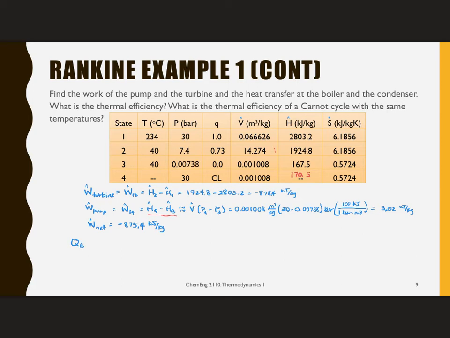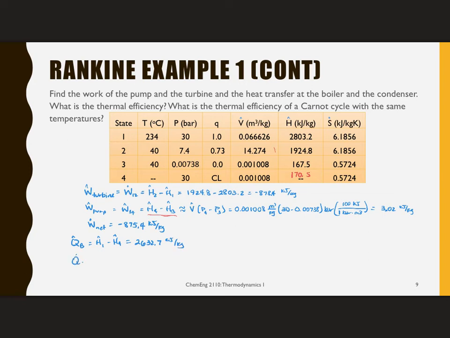Now, what about that heat transfer? The Q for my boiler is H1 minus H4. I've got all the numbers in the table at this point, including H4. And so this is 2632.7 kilojoules per kilogram.